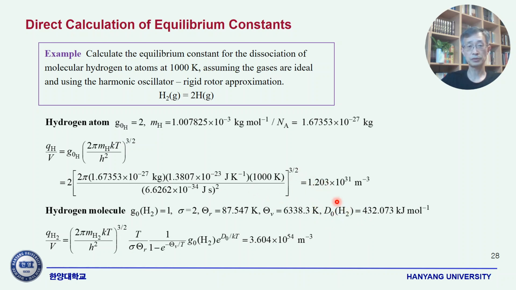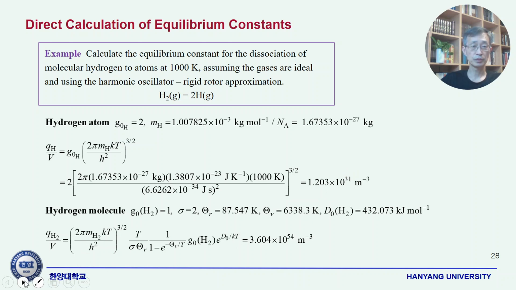So dissociation energy into hydrogen atoms, which is this one, about 432 kilojoule per mole. And then you can compute this to make this, okay, 3.6 times 10 to the 54th power, and that's 31.